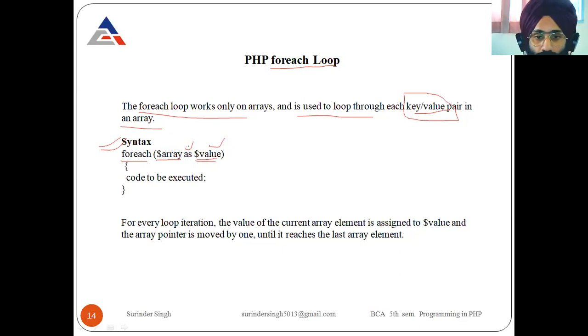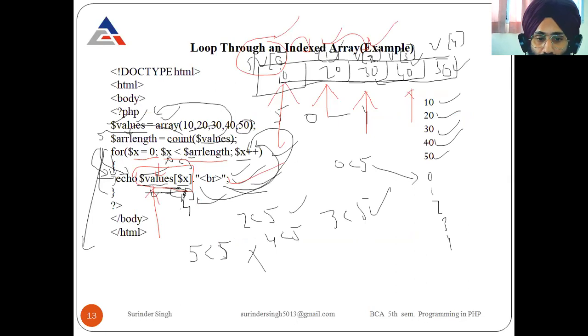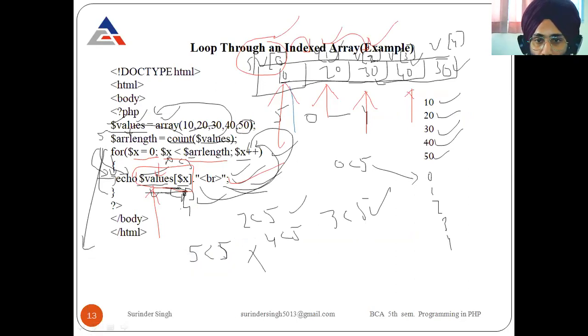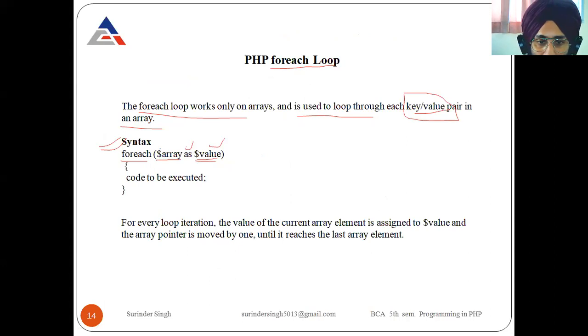First, when we start the loop, on the first iteration of the loop, control will be at the first element. Control will be at the first element, and then the first element's value will be assigned to this value variable. The value variable will hold the current array element.